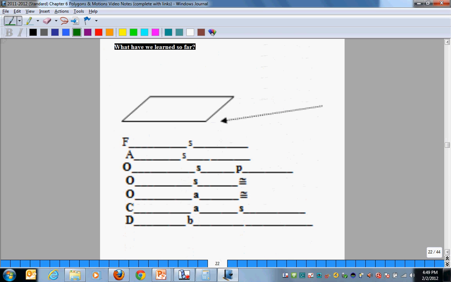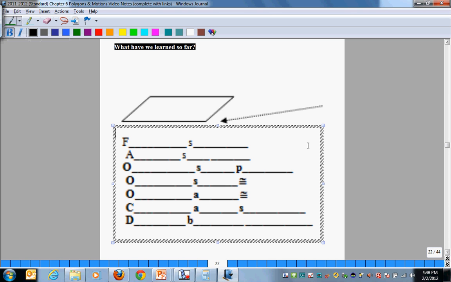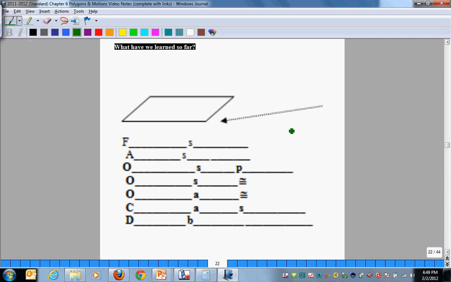So as a quick recap, what have we learned so far? We have learned that a parallelogram has 4 sides and angles that sum to 360.